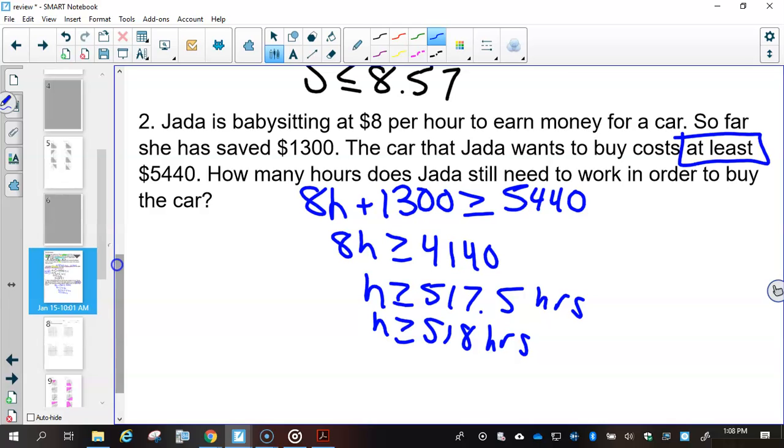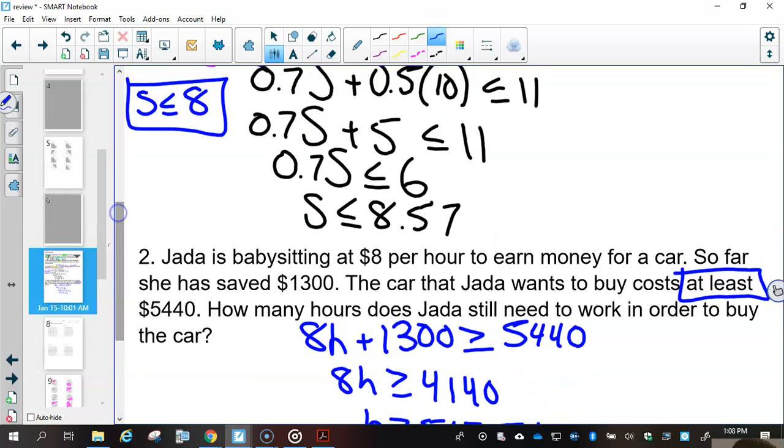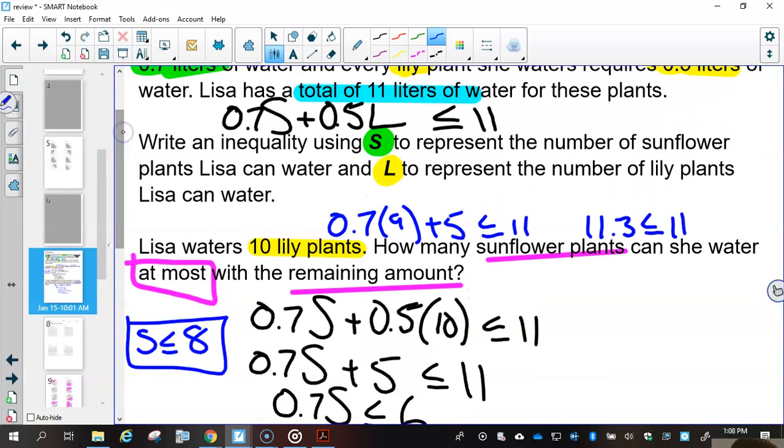I want to go back to number 1 for a second. Just like when we were doing systems of word problems and I said you could graph them, you could also graph your inequality word problems if you changed your variables to x and y.